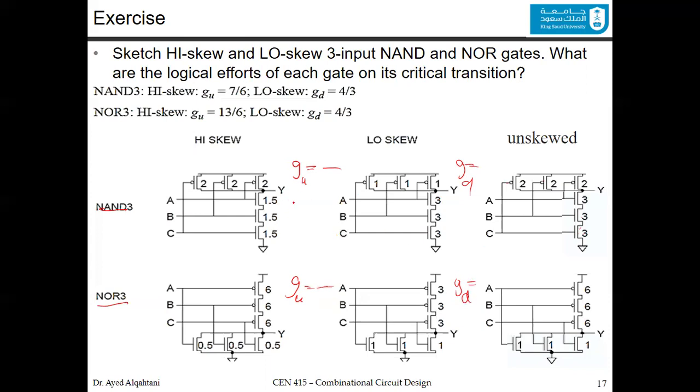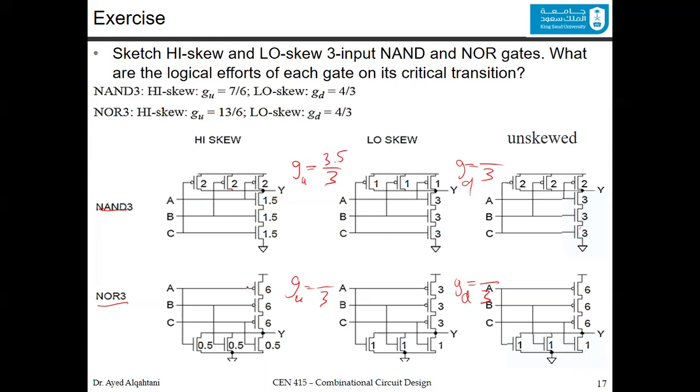Now, since we are focusing on the critical transition, in all of them you should divide by 3, because they are all critical. The one that you divide by 1.5 is the one that is not critical. So now you just calculate for one of the inputs: 2 and 1.5 is 3.5.